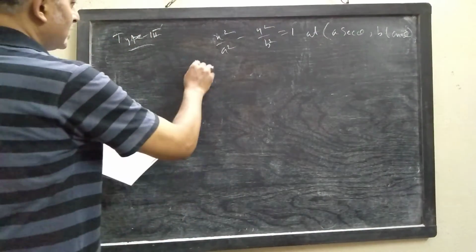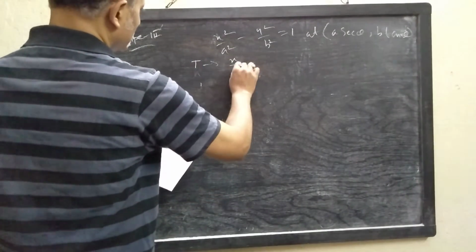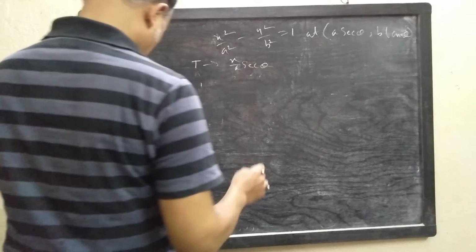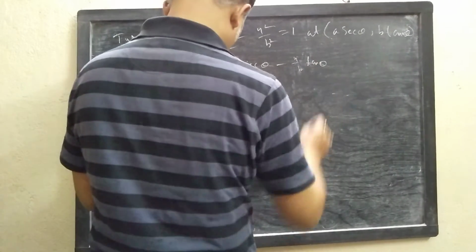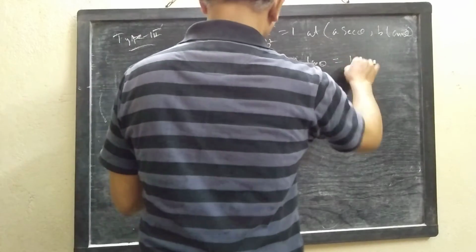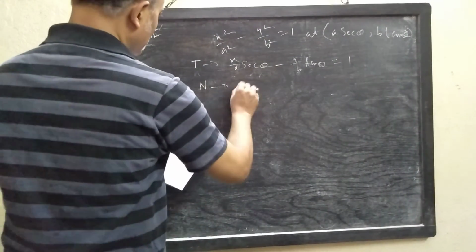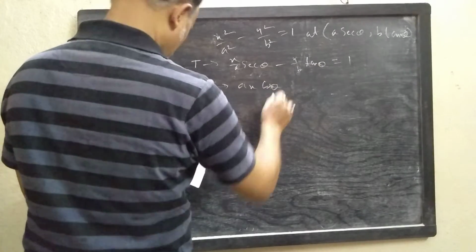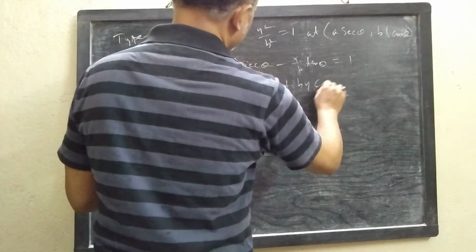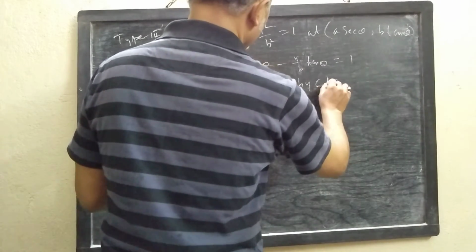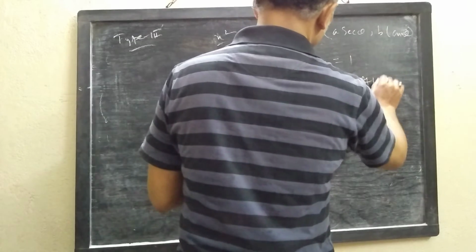So here the answers are: the equation of the tangent will be x by a sec theta minus y by b tan theta equals 1, and the equation of the normal will be ax cos theta plus by cot theta equals a square plus b square.